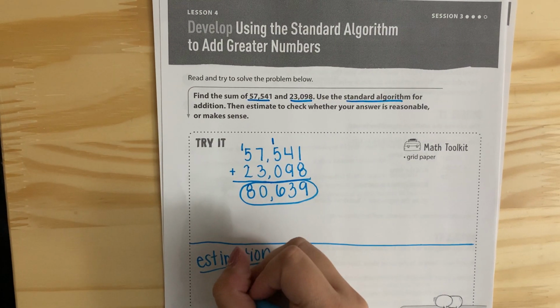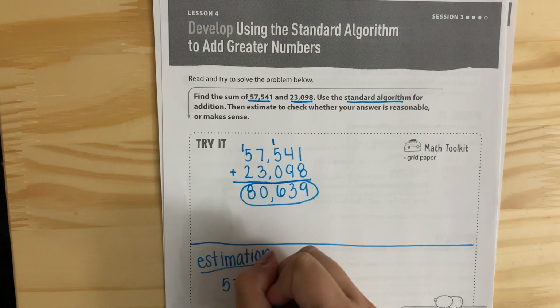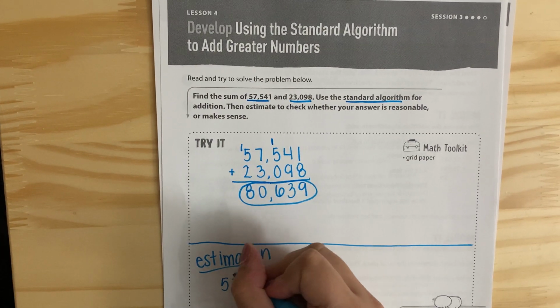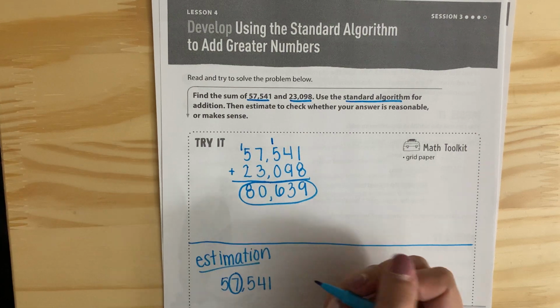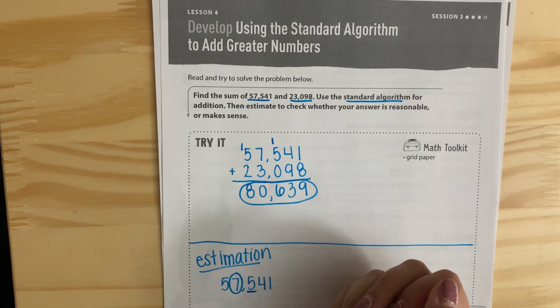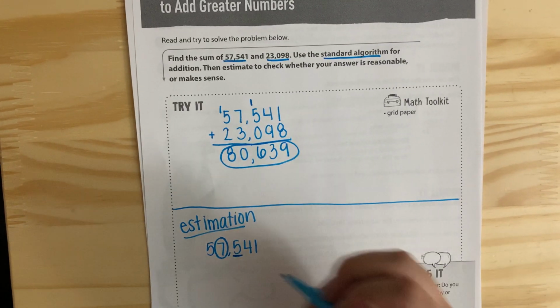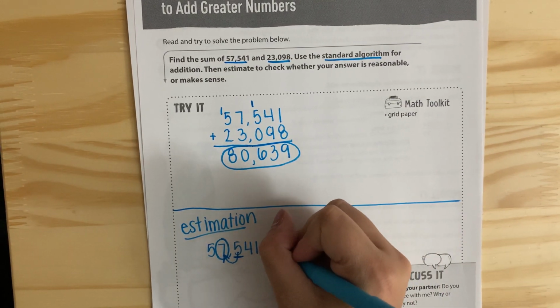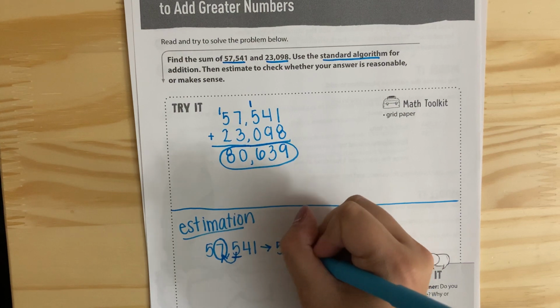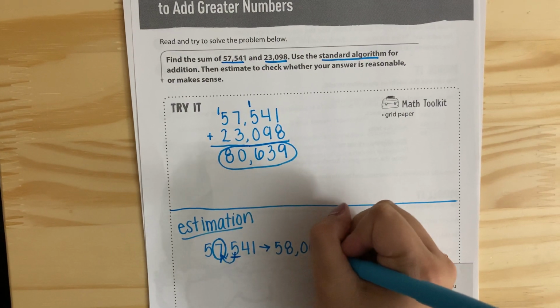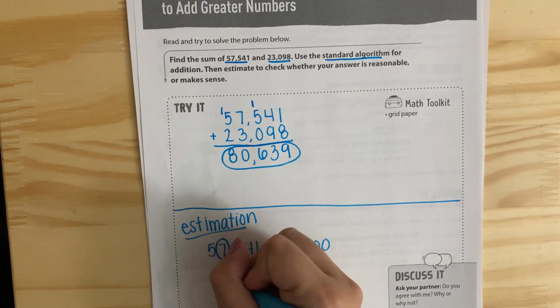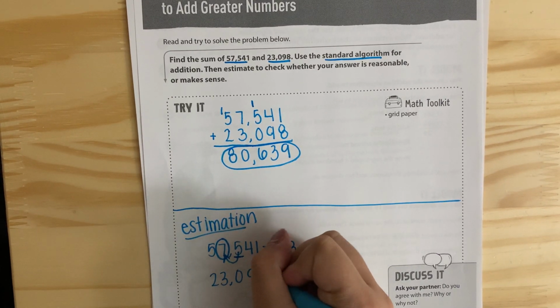So for example, we have 57,541. I'm going to circle my thousands place, underline my rounding buddy. This rounding buddy is 5 or more, so this is going to get bumped up to an 8. So we have 58,000, okay?